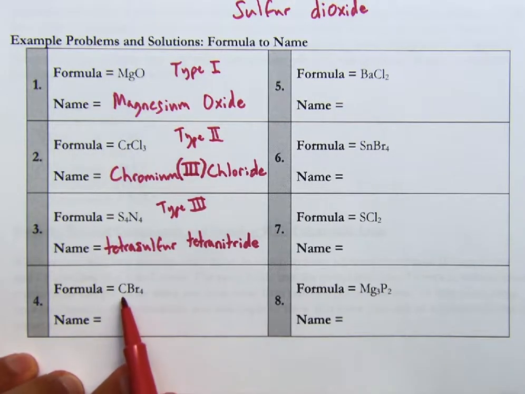Next one, we have carbon, and then we have bromine. Now, I pause there for a moment because carbon is a nonmetal and bromine is also a nonmetal.